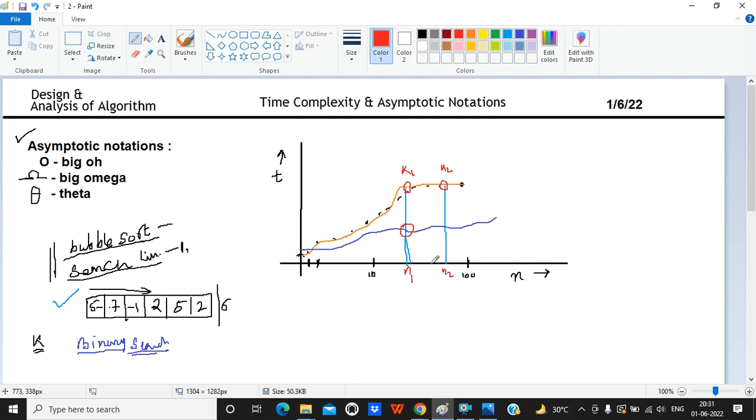There is no need of that, because our purpose is that we have two algorithms. One is linear search, another is binary search. We have to compare the two searches, which one is better for which type of input. If somebody tells me that linear search is better than binary search for some type of inputs, then it is okay.